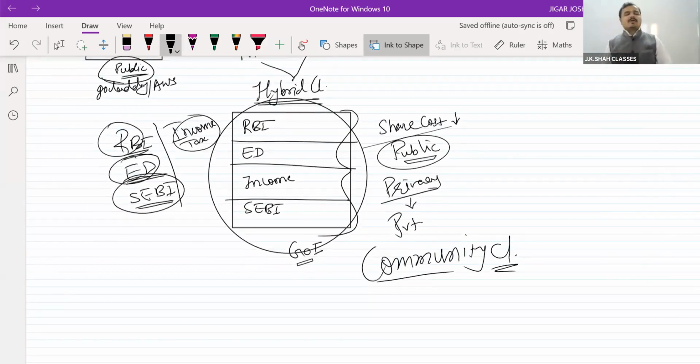So number one, if the company has a large volume of data, private cloud. If the company has small data, public cloud. If you have large data plus additional small data for a temporary time, then combining private plus public is hybrid cloud.